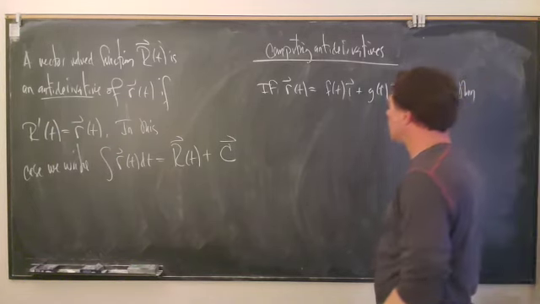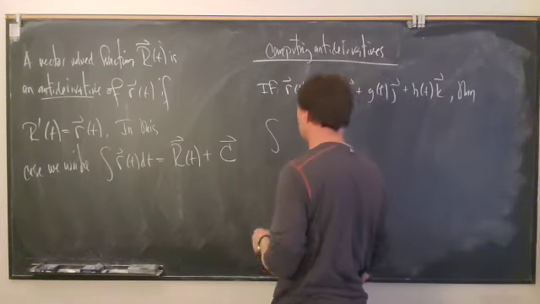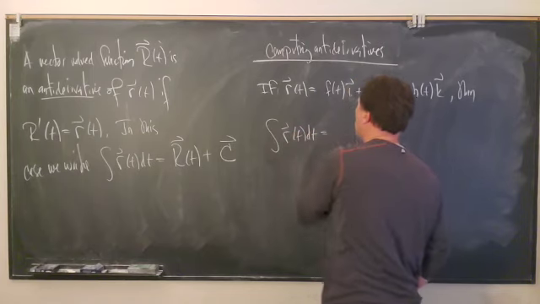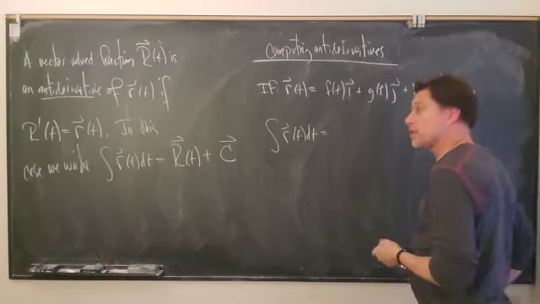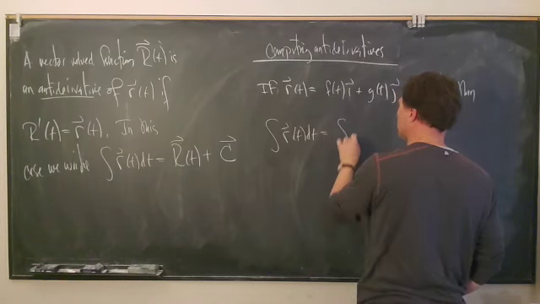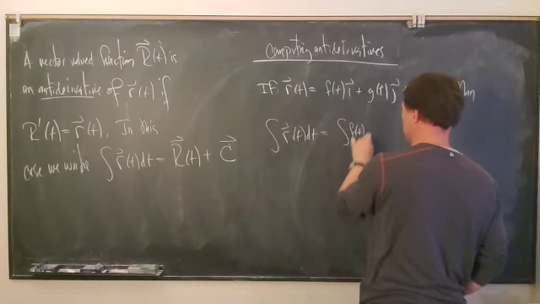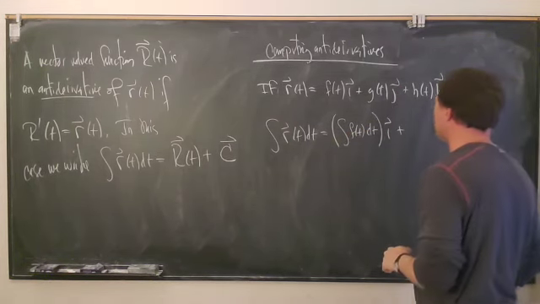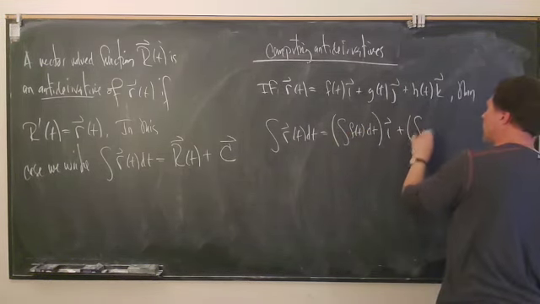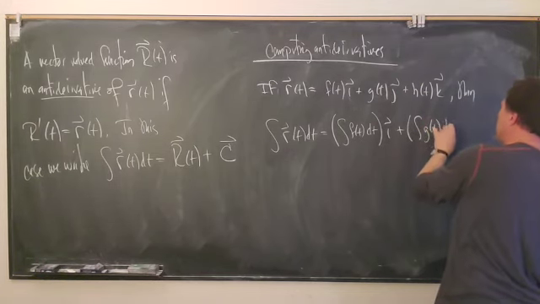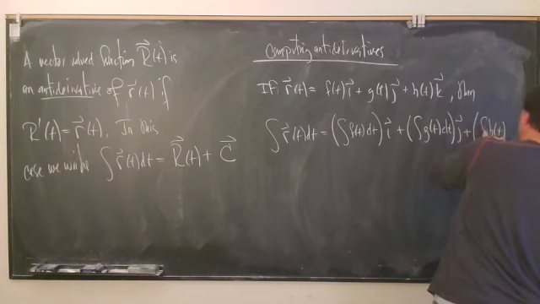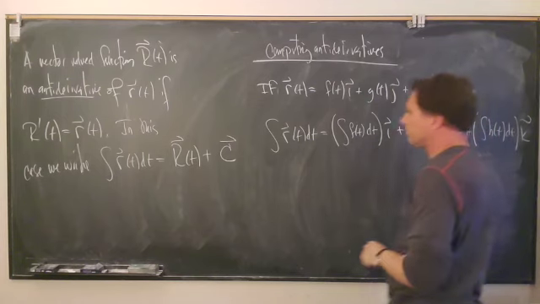Then, to compute the antiderivative, what you do is compute the antiderivatives of each of the functions individually, so that's going to be the integral, or antiderivative, f of t dt times i plus antiderivative g of t dt times j plus antiderivative h of t dt times k.